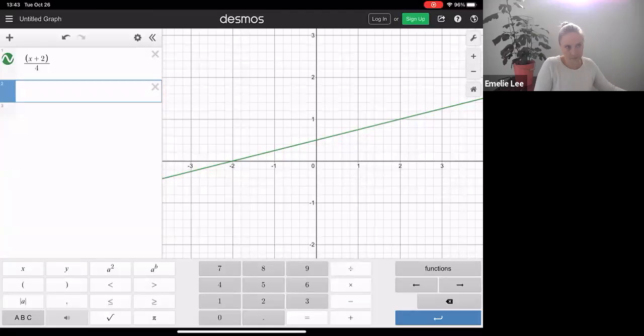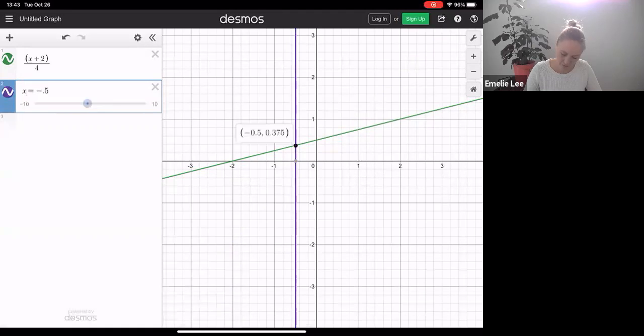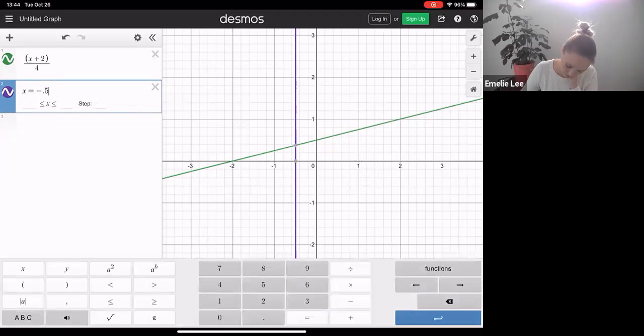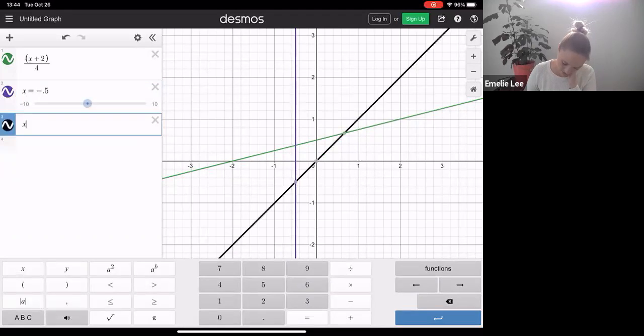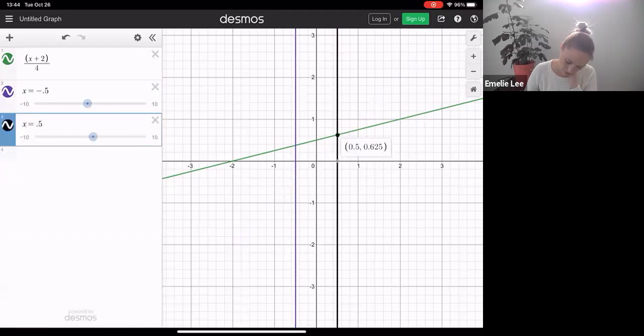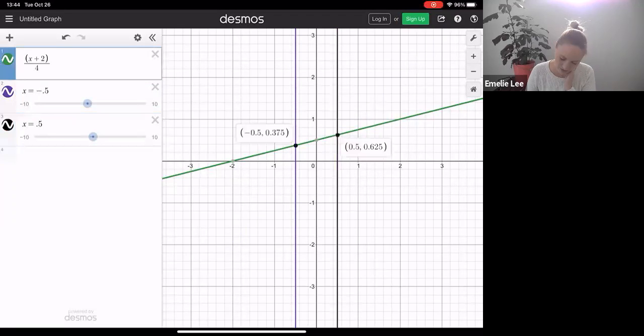Yeah, because x is the point. So x is -0.5. Then I can hit that point and it'll show me the intersection. Then I wanted x equals 0.5, and then I have these two endpoints. There we go.